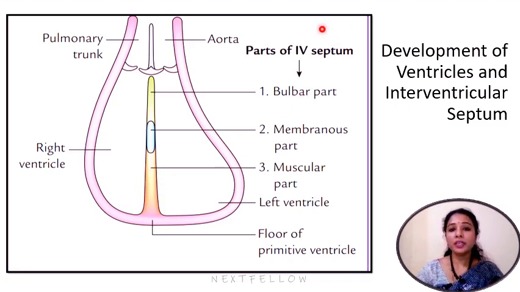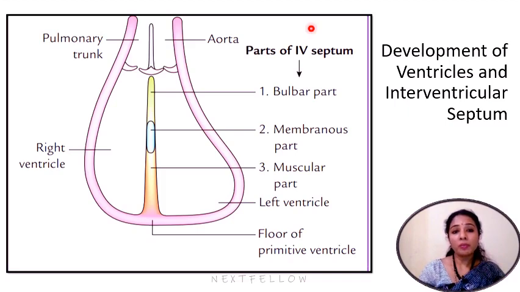It is the median muscular ridge that grows upwards from the floor of primitive ventricle near its apex and grows towards the atrioventricular septum, but it stops, creating the interventricular foramen in the beginning, leaving the septum incomplete. If you see in the oblique plane, it reaches almost up to the AV cushions, but its upper margins are concave, leaving a gap.